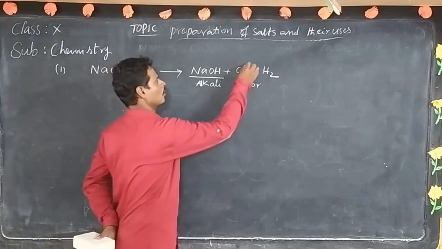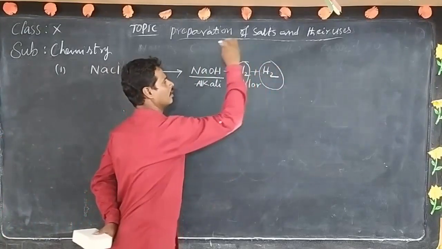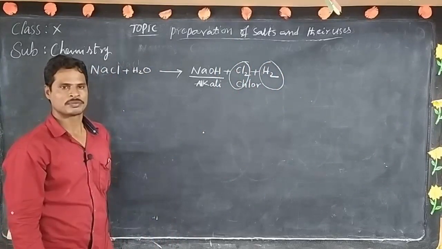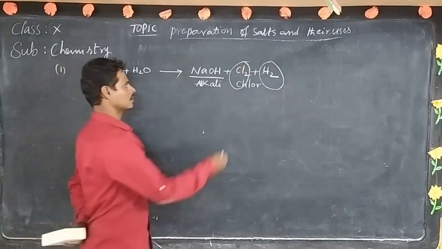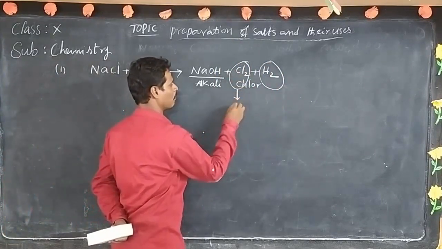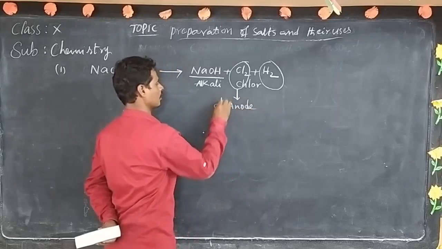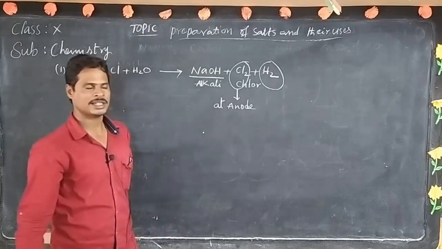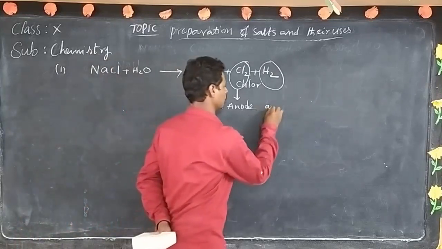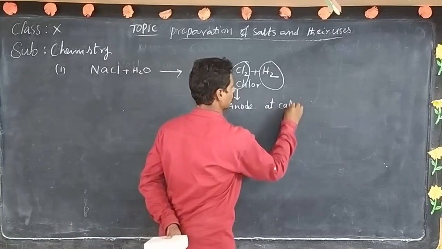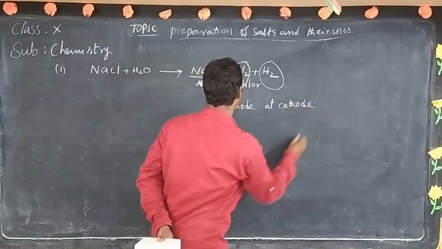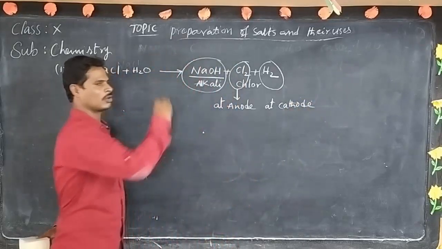Here, where do we get chlorine gas, and where do we get H2 gas? In this process, chlorine gas is obtained at the anode. Hydrogen gas is obtained at the cathode. Where do we get sodium hydroxide?